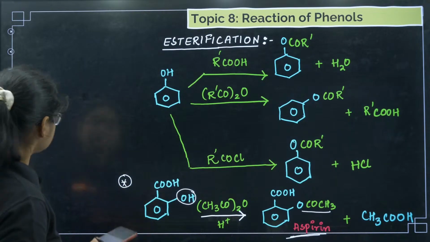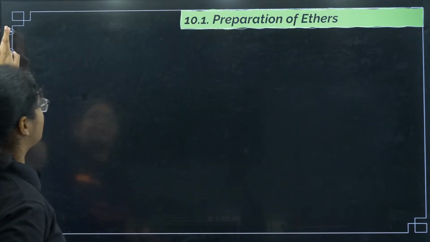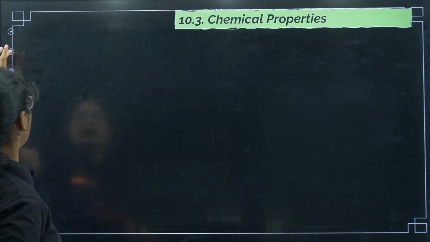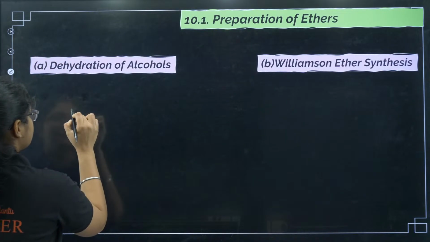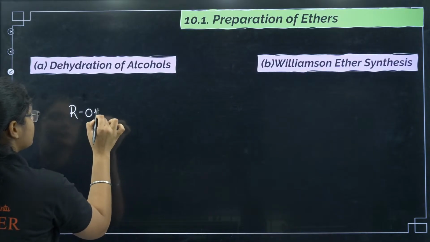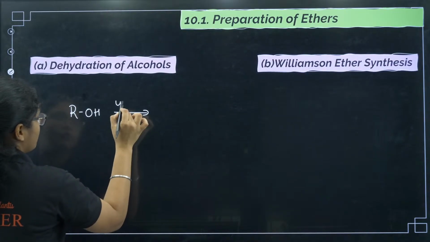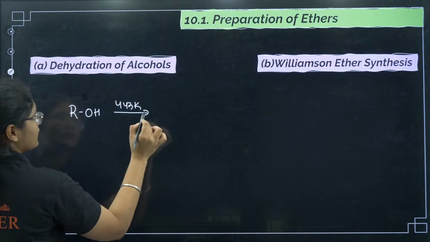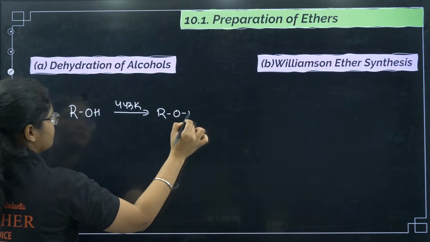Next, coming to preparation of ethers. Under preparation of ethers, the first method is alcohols at 443 Kelvin, which will give you ethers.